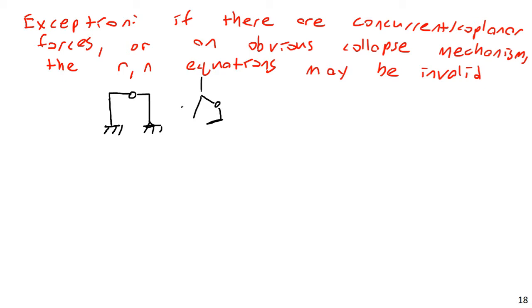So this is a case where the R less than 3n, R greater than or equal to 3n equations don't apply, simply because if there is a clear geometric instability in the frame, or a clear collapse mechanism, for example an internal pin like this, that will serve as a source of geometric instability all on its own.